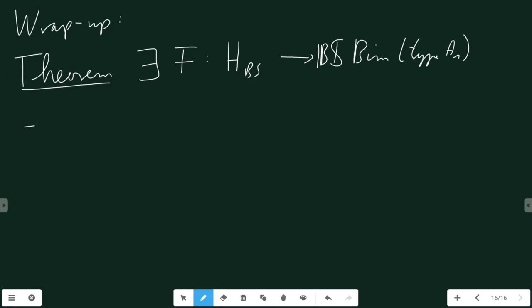Such that F should preserve the monoidal structure, F is essentially surjective.